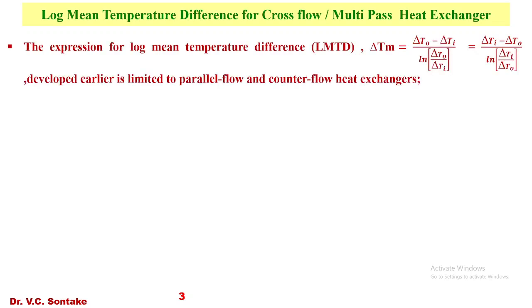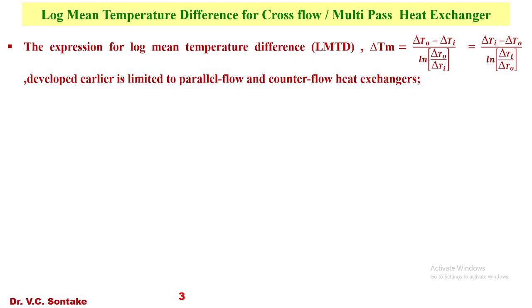The expression for log mean temperature difference in the form of delta Tm is equal to delta To minus delta Ti over log of delta To over delta Ti, which can also be written as delta Ti minus delta To over log of delta Ti by delta To.